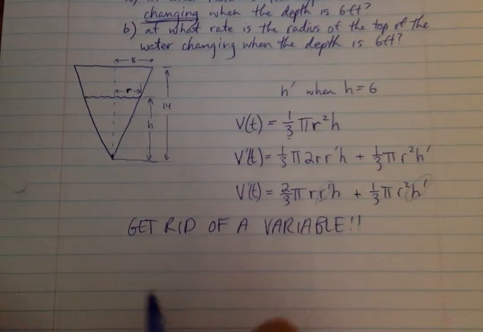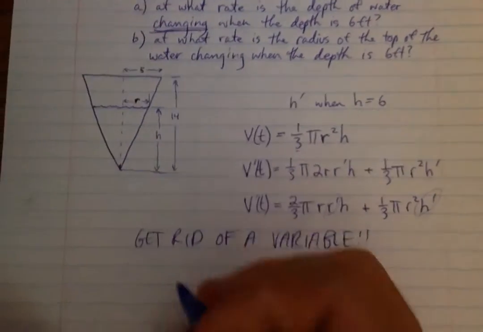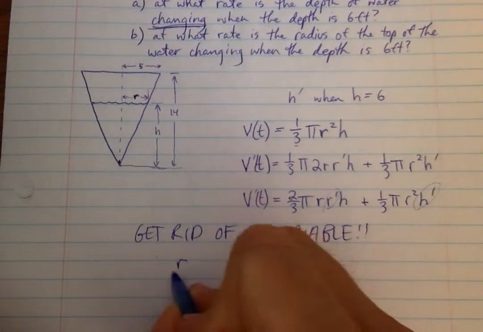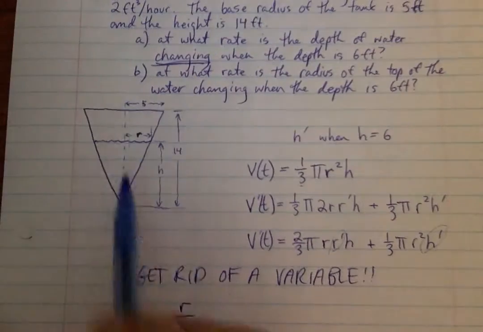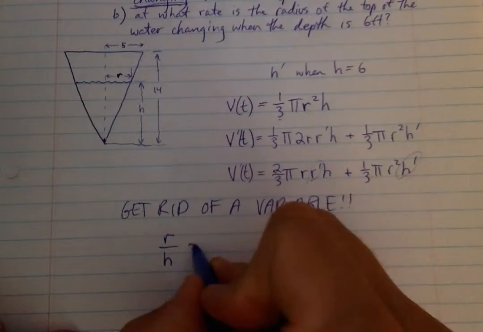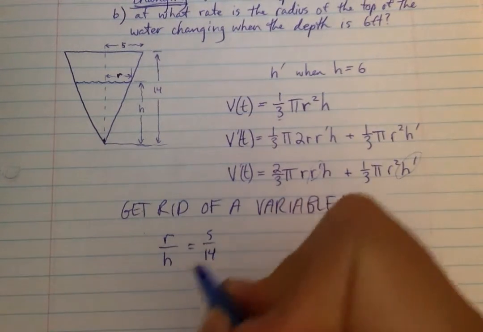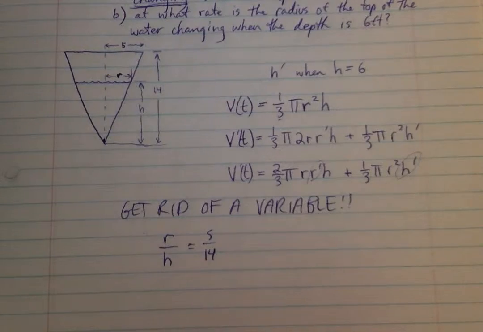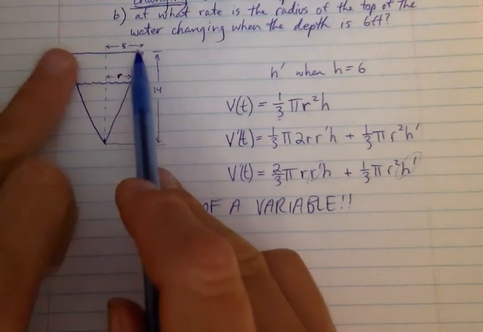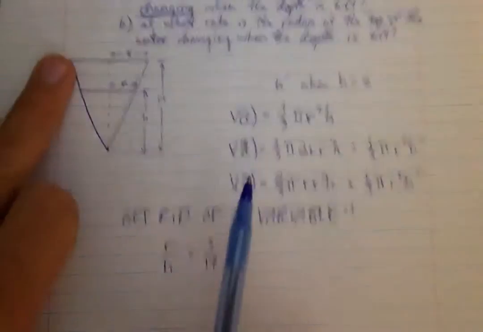R and h relate to each other in a very distinct way, because you can take the radius over the height. The radius is 5, the height is 14. 5 over 14. Now, note that this is always going to be that same ratio, isn't it?